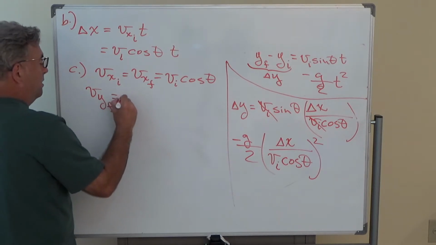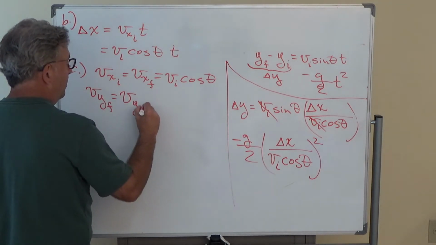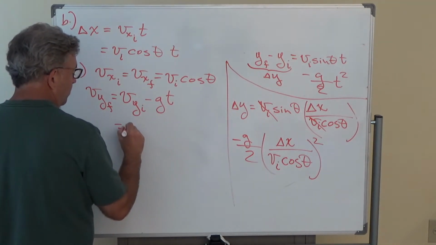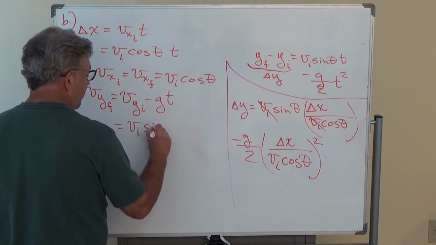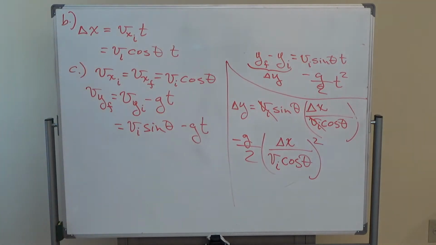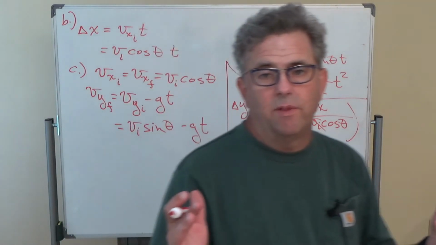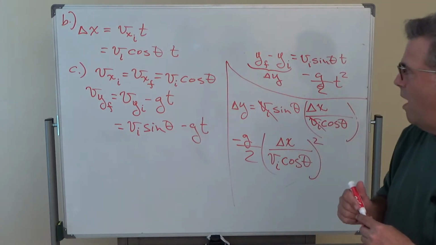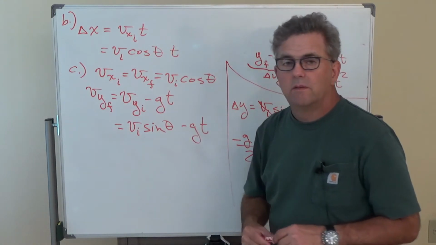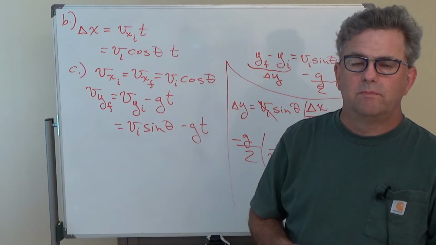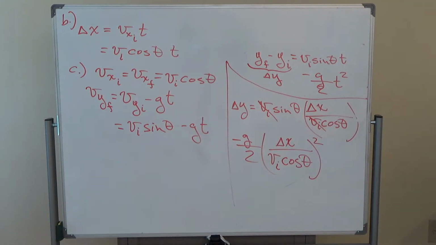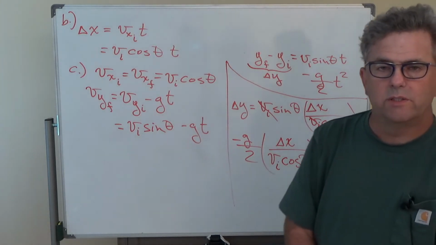Vy final is equal to Vy initial minus gt, and that is equal to V initial sine theta minus gt. Now you have the x component and the y component of the final velocity, and they want to know the speed. Find the speed of the ball. Sum of the squares, take the square root.